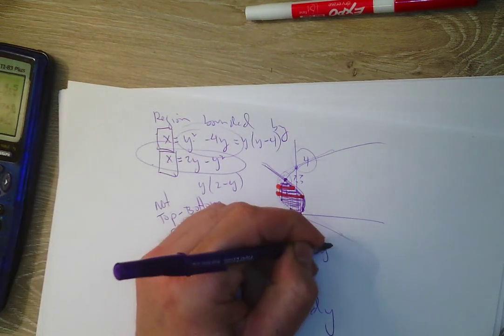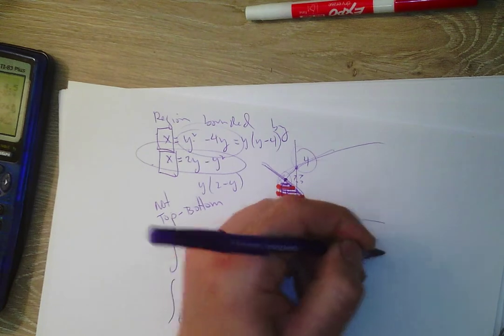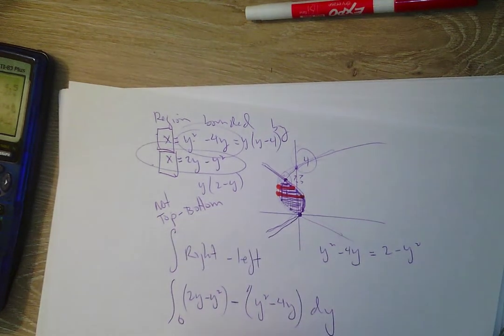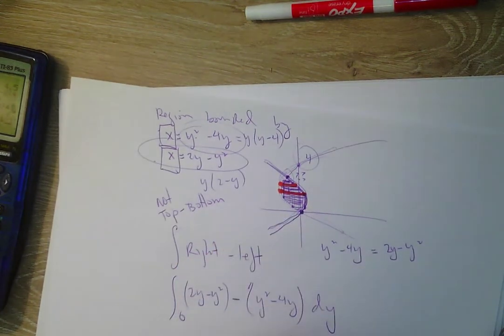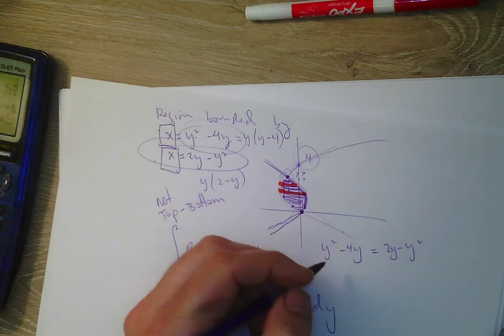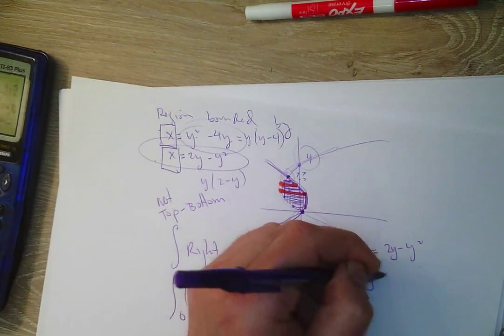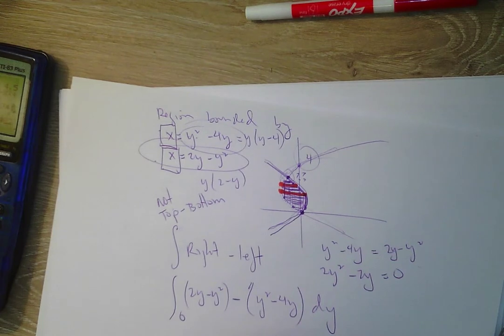So I'm going to have y squared minus 4y equals 2y minus y squared. Okay, well let's move everything onto one side. We'll have 2y squared minus 2y equals 0.